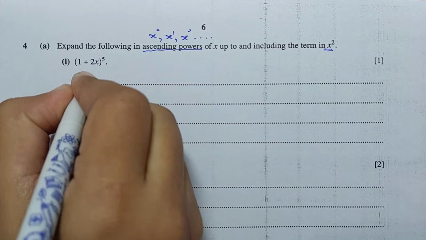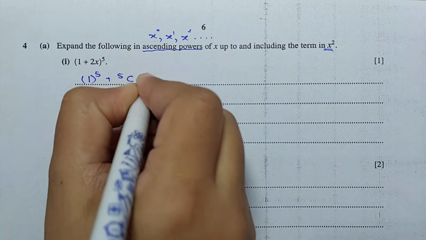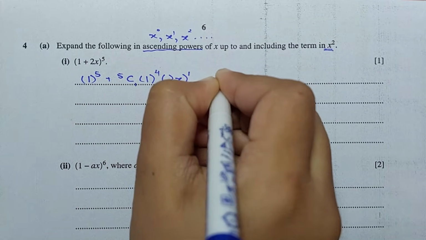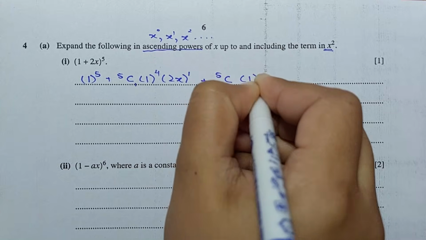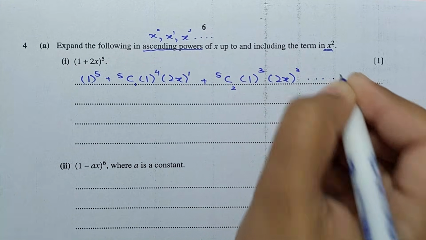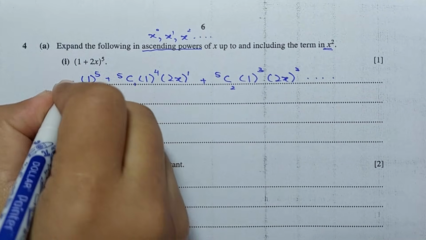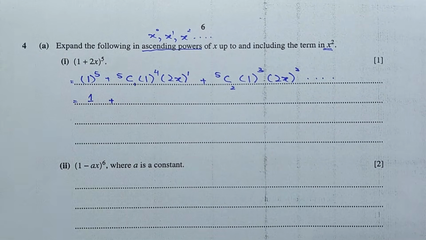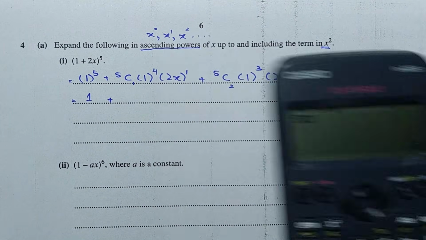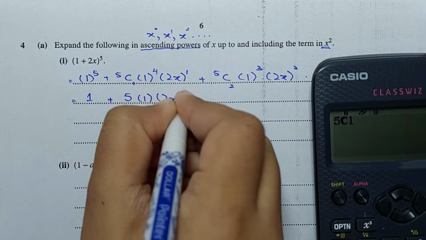So the first one is 1 to the power 5 plus 5c1, 1 to the power 4, 2x to the power 1, plus 5c2, 1 to the power 3 and 2x to the power 2, and so on. 1 to the power 5 is just 1. What is 5c1? It is 5. 1 to the power 4 is 1, and 2x.